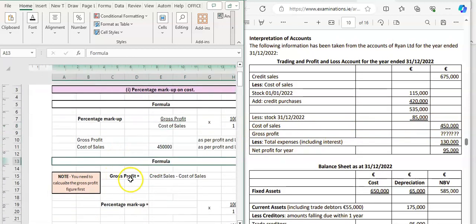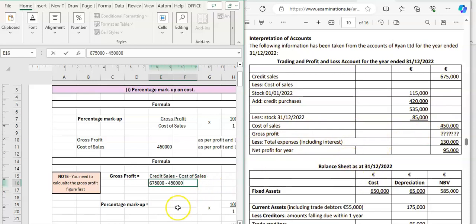So down here, I've got my gross profit, and the two figures that I need is 675,000, and I'm going to take away my cost of sales of 450,000. And that's going to give me my gross profit. So my gross profit is 675 minus 450,000, so my gross profit is going to be 225,000.